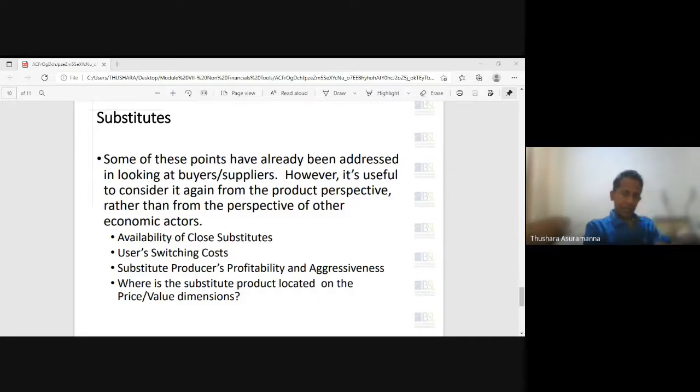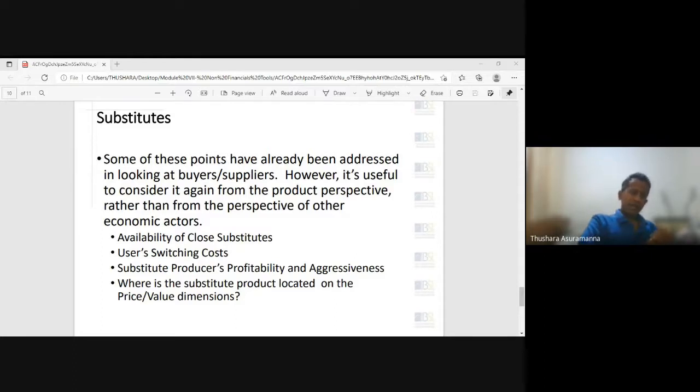That depends on these parameters. How readily available, what's the switching cost, easy or difficult, and how well the substitute's producer targets the market, what's his marketing campaign. Obviously you are impacted if they are doing better than you. Then the value addition, features and pricing of the substitute product could also have an impact.